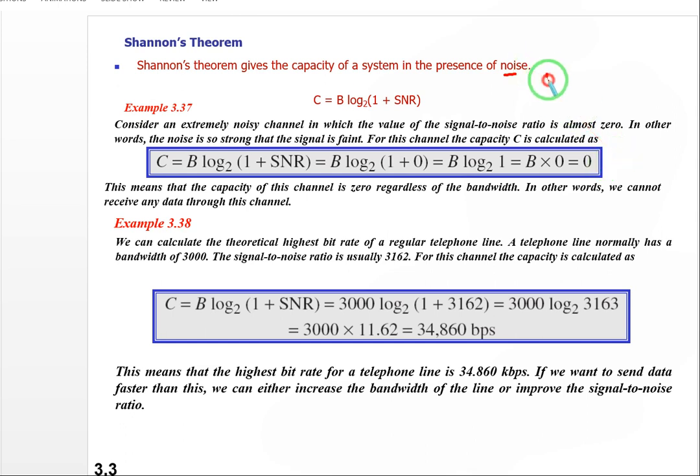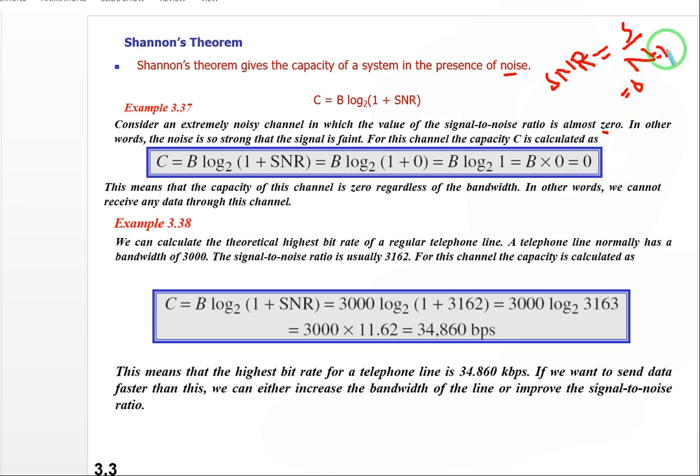Signal to noise ratio means one thing, keep in mind: your signal divided by noise. So when your signal to noise ratio is almost 0, it means your signal is going to be 0, and when your signal is 0, that means there is no capacity. So that's why we are saying it's proved by this, because noise is too much.